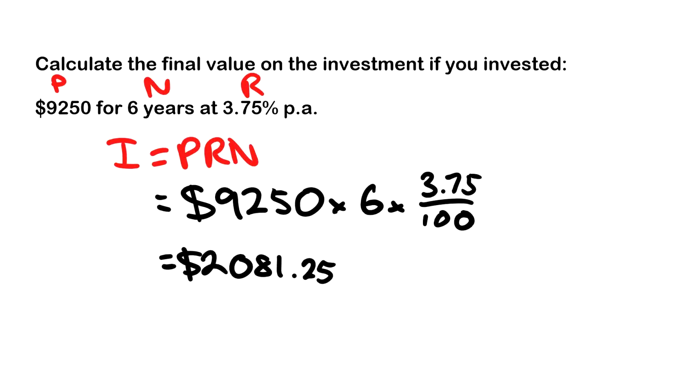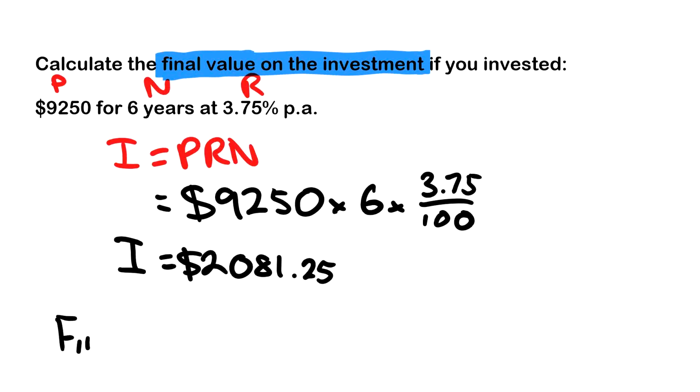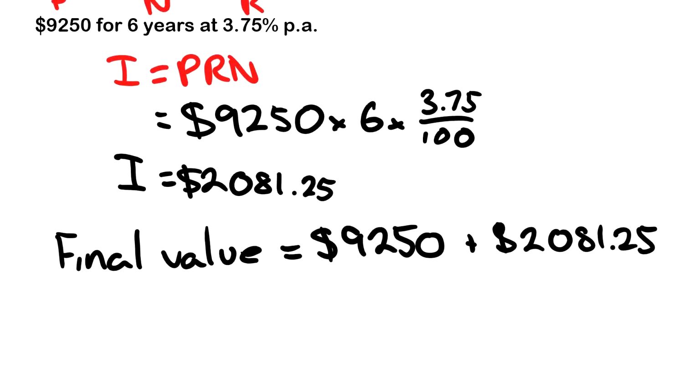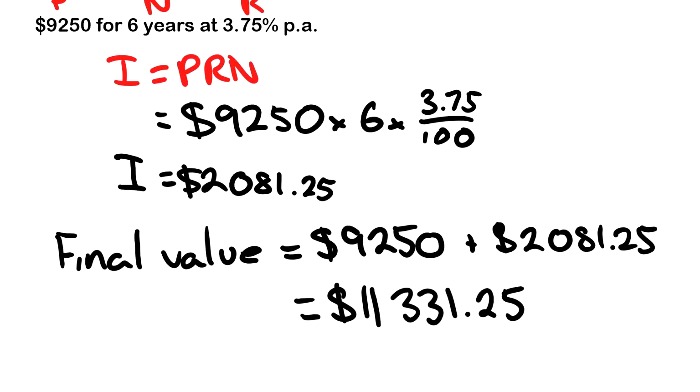Now the key word here is the final value on the investment. What we found was the interest, not the final value. So the final value is going to be how much we invested, the 9,250, plus how much interest we made, the 2,081.25. So the final investment is $11,331.25.